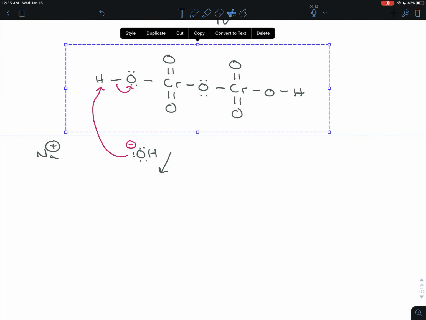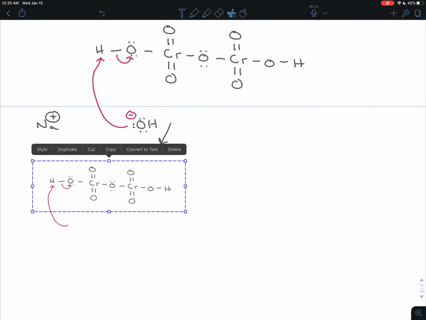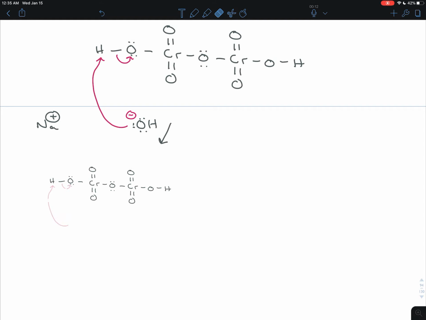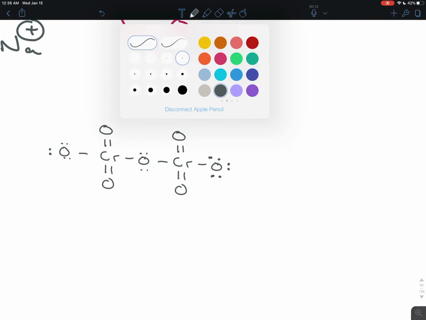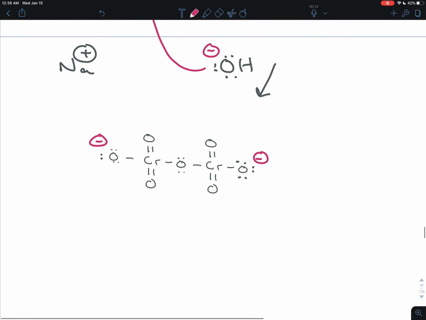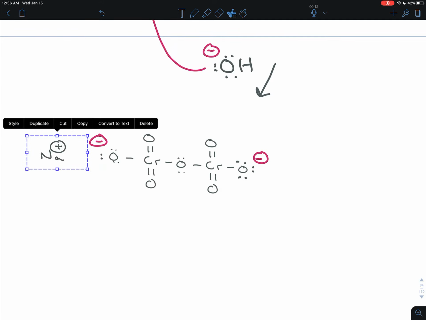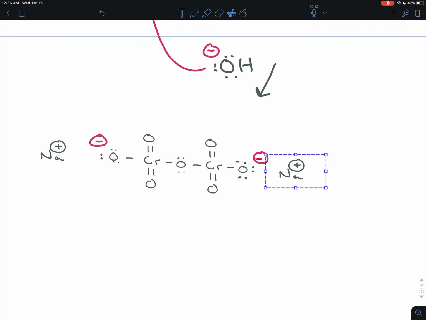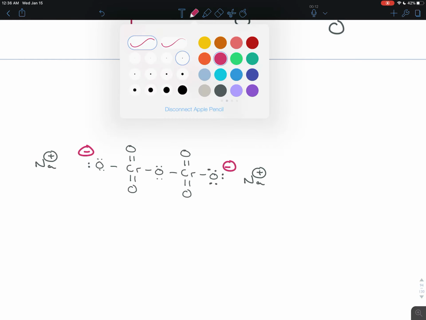So if you add a whole bunch of sodium hydroxide molecules, what you end up having is a full negative charge on each of these oxygens, because their hydrogens will have been ripped off, and then the sodiums that have been floating around can sort of counterbalance that charge. And so you have Na2Cr2O7.